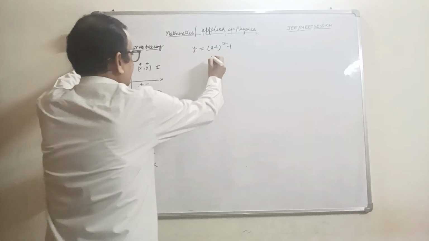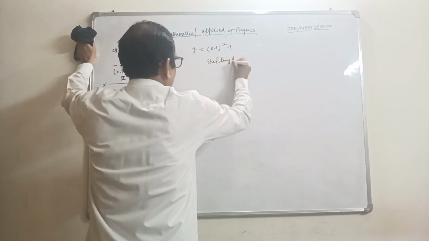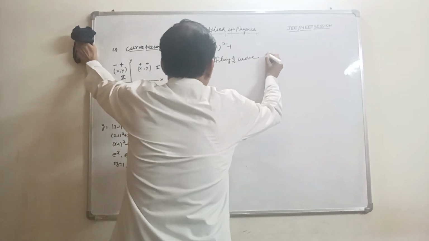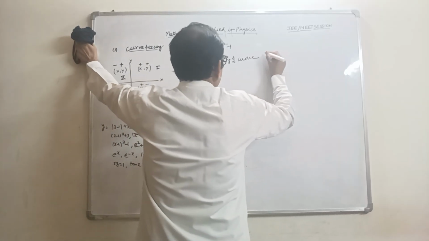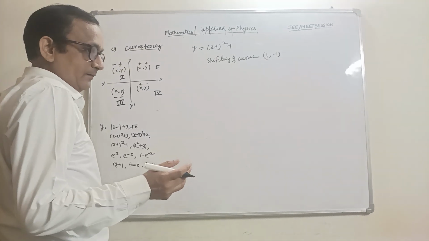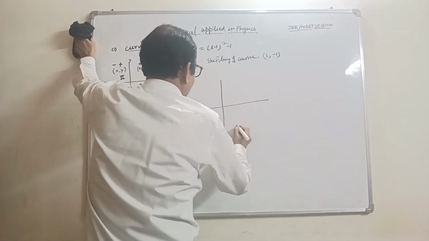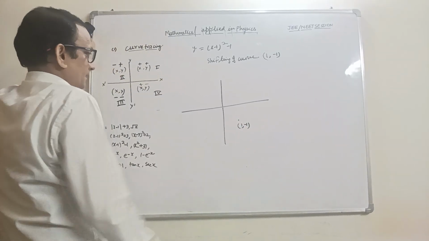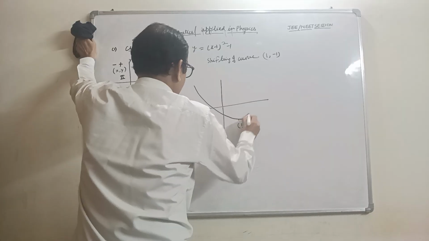So the coordinate of shifting is the shifting of the curve. Here x is positive and y is negative. This is 1, minus 1. So x is positive, y is negative, and this would be the graph of the parabola.